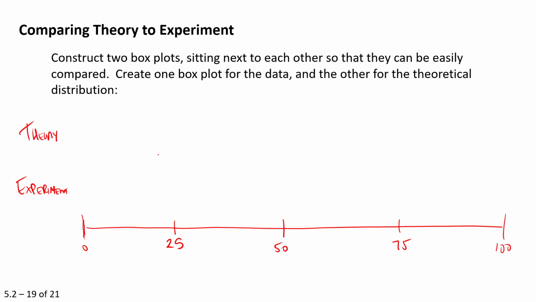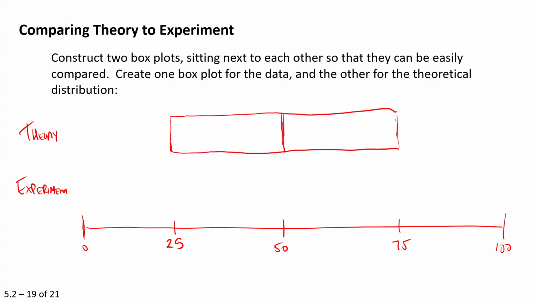So what would our box plot look like for theory? The median is here at 50, isn't it? The first quartile's at 25, and the third quartile's at 75. And the min and max should be basically here to here.